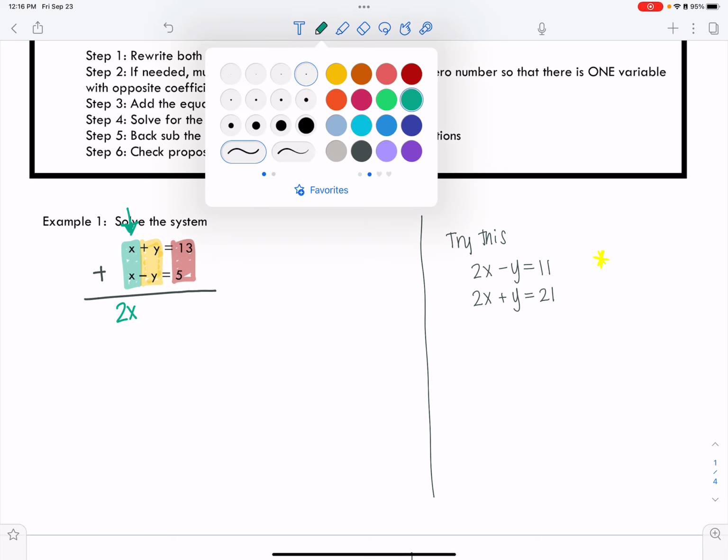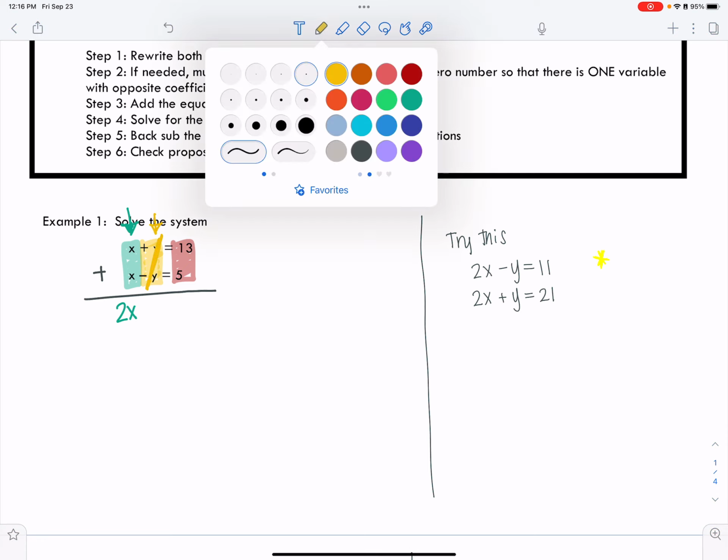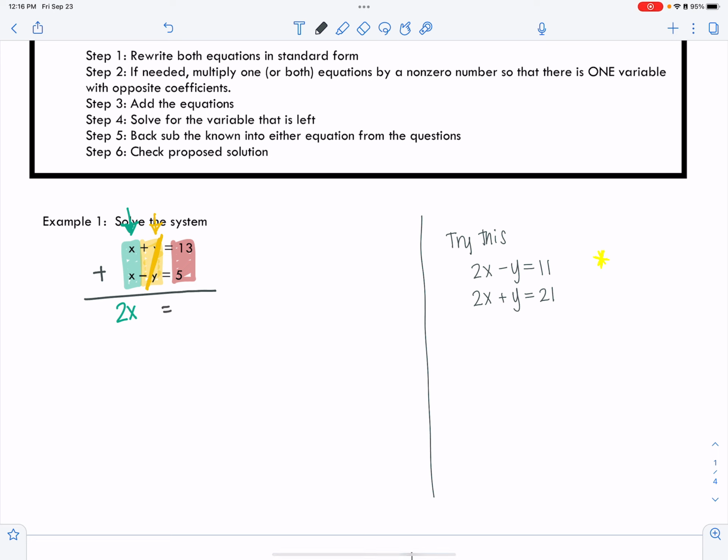Adding down this next column, positive y plus negative y, those are going to cancel. Carry down my equal sign. And then 13 plus 5 is going to give me 18. What I've done is added down the columns in hopes that either the x or the y cancels. If not, then when I add them, I'm still going to have x's and y's.